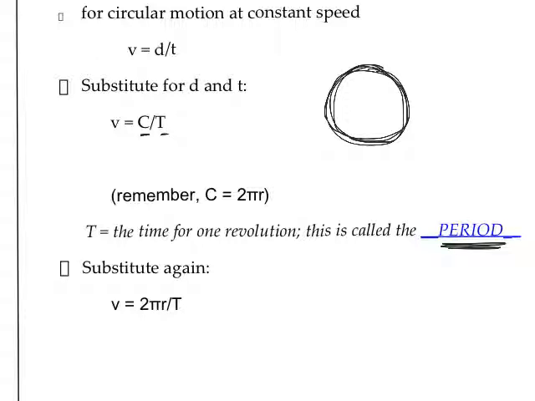And I believe we had that earlier in the year. We'd mentioned the time for one revolution called the period. And then a friendly reminder, in case you don't remember circumference, it's 2 pi r. So instead of saying distance over time, our distance is now our circumference, and the time specifically is the period. So both of those are for once around the circle.